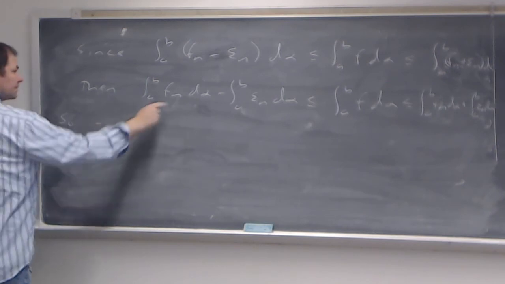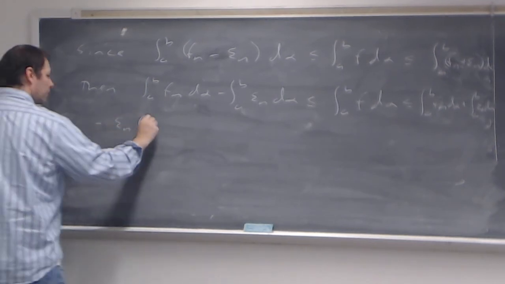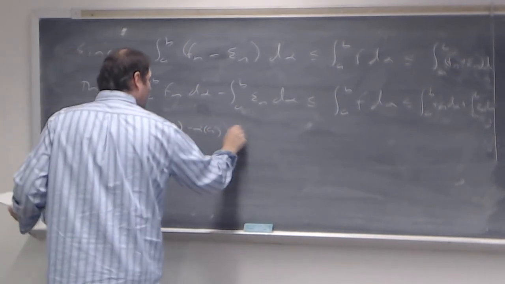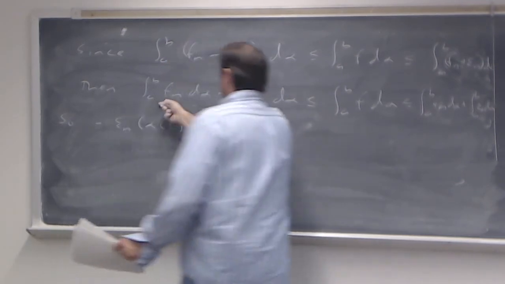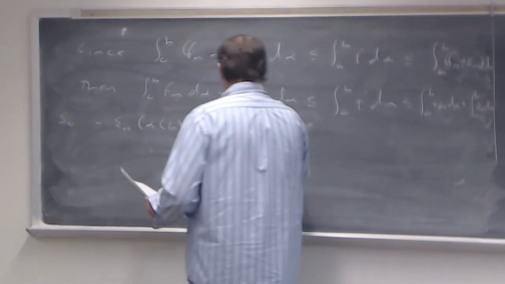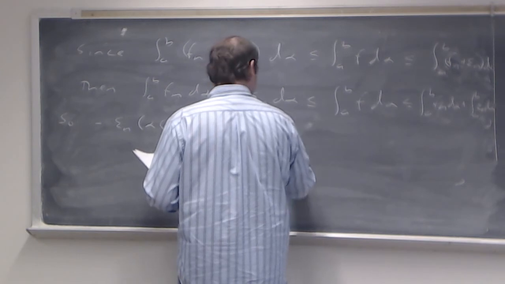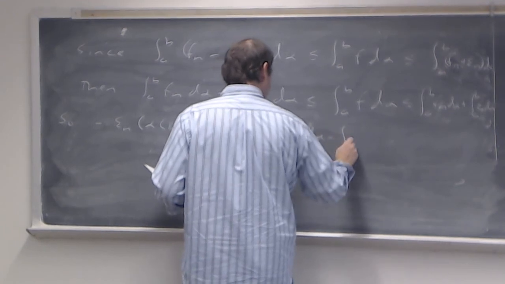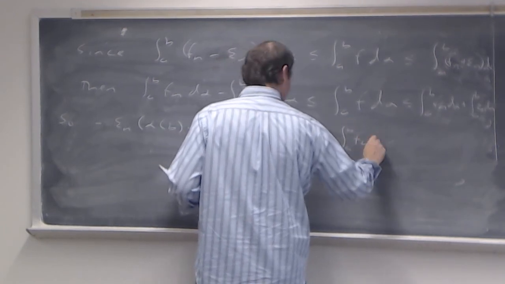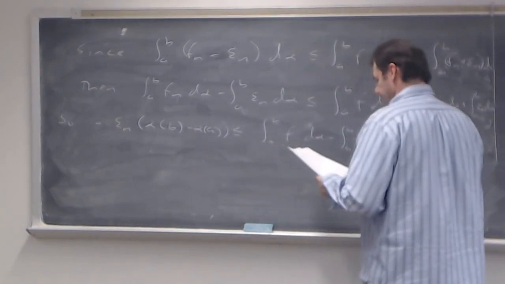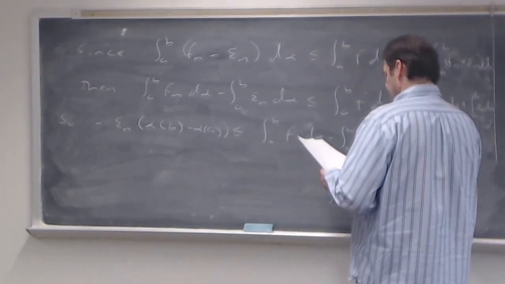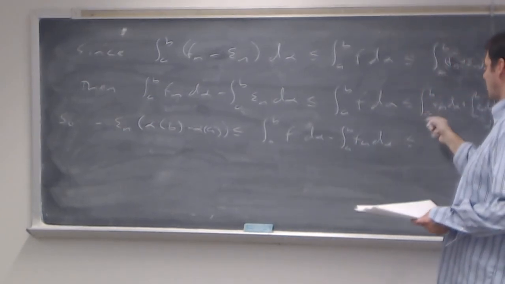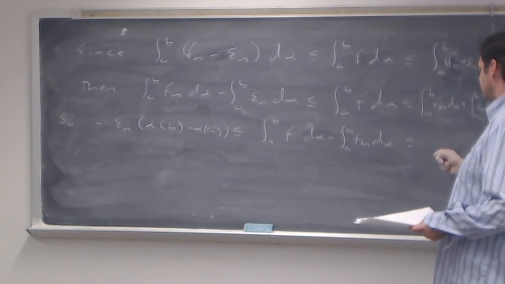I'll say minus epsilon sub n, as we did before, times alpha of b minus alpha of a will be less than or equal to, bringing this integral over here, the integral from a to b of f d alpha minus the integral from a to b of f sub n d alpha, which is less than or equal to, so I'm subtracting from all parts of this previous inequality the integral from a to b of f sub n d alpha.